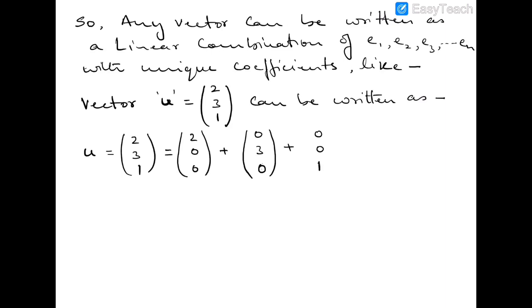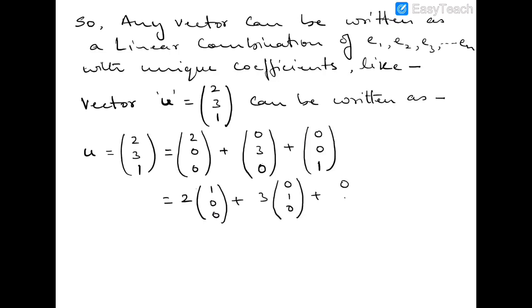Now take 2 as a common factor. So we will get 2 times 1, 0, 0 plus 3 times 0, 1, 0 plus 0, 0, 1.